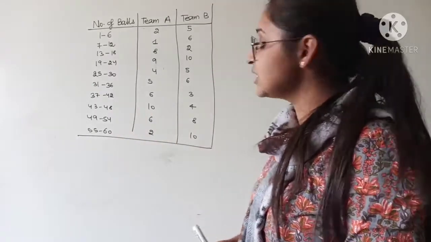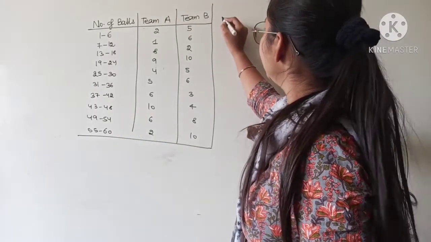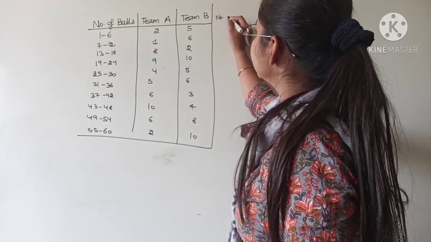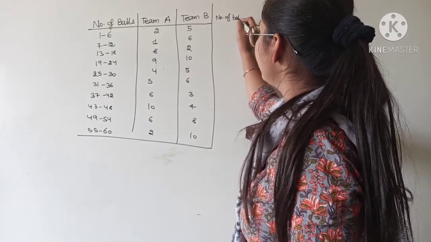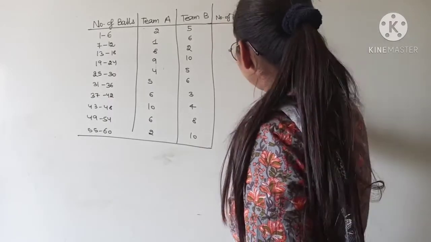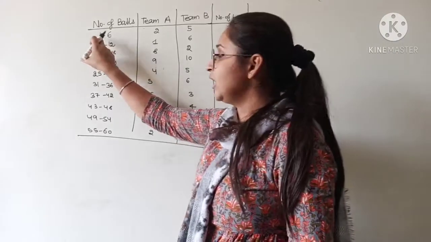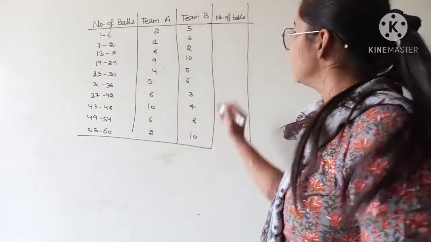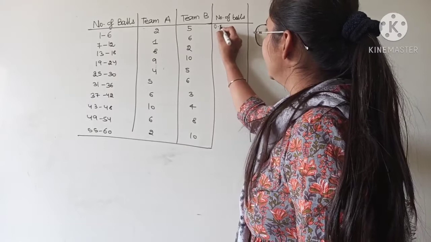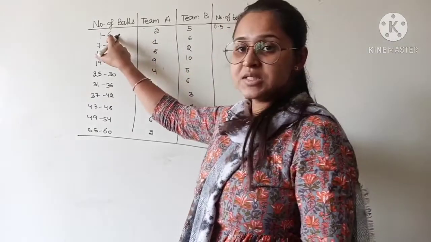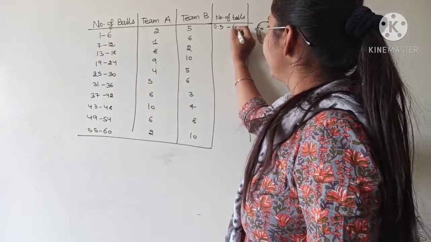So the new class intervals, number of balls, will become 1 minus 0.5, that will give you 0.5, to 6 plus 0.5, 6.5.